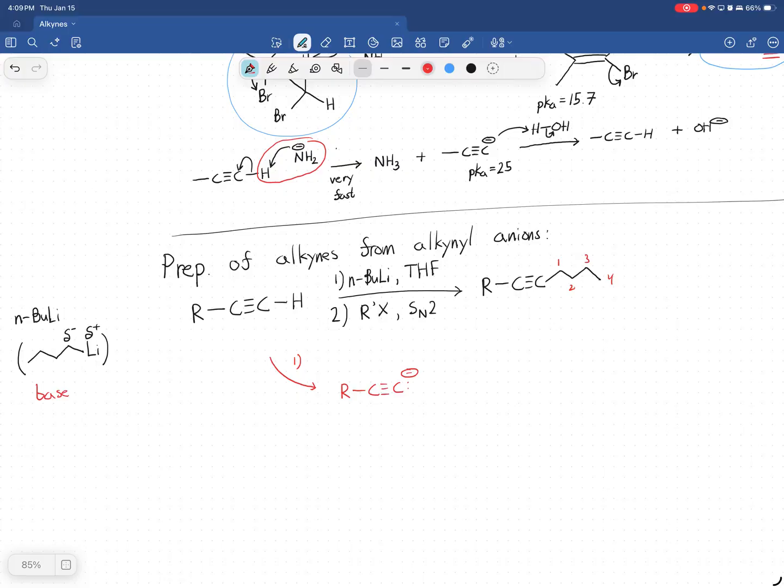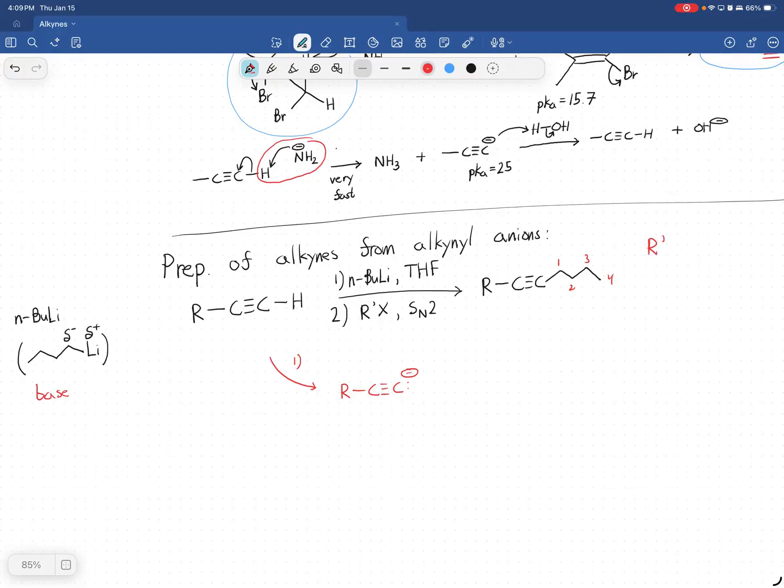Carbon atoms are very good nucleophiles, right? So what's going to happen if it sees an electrophilic carbon atom? It's going to react with RX.